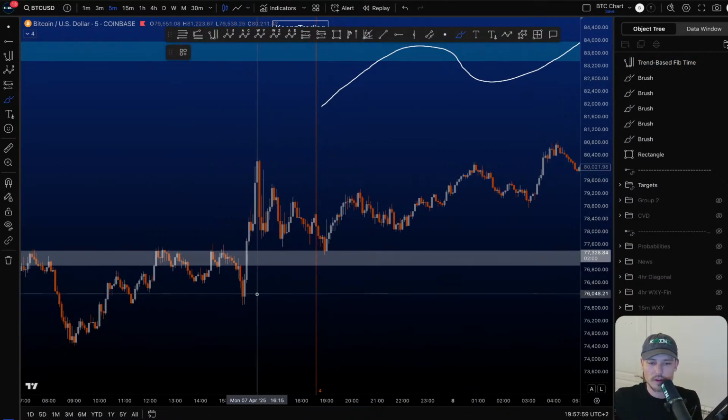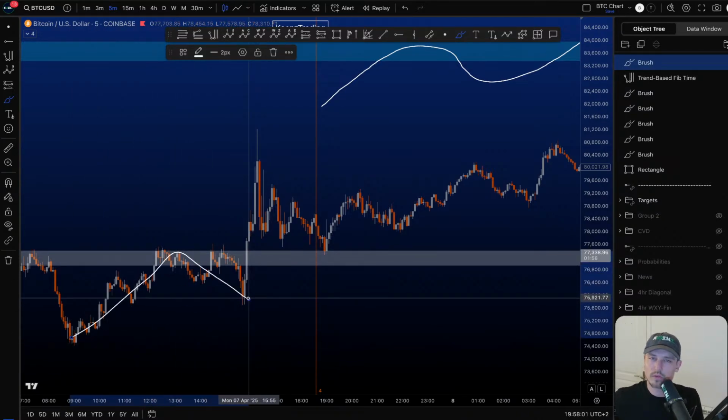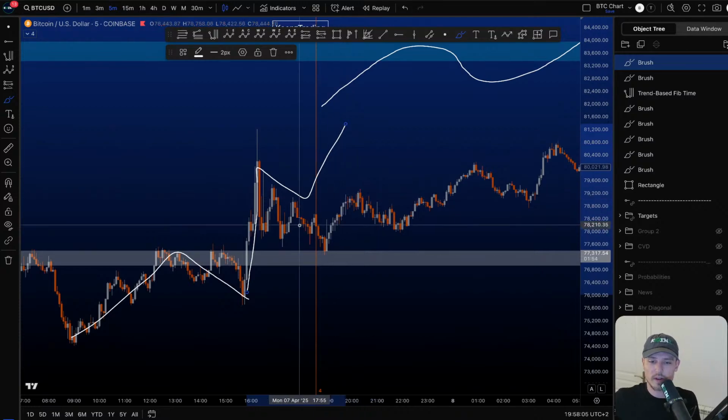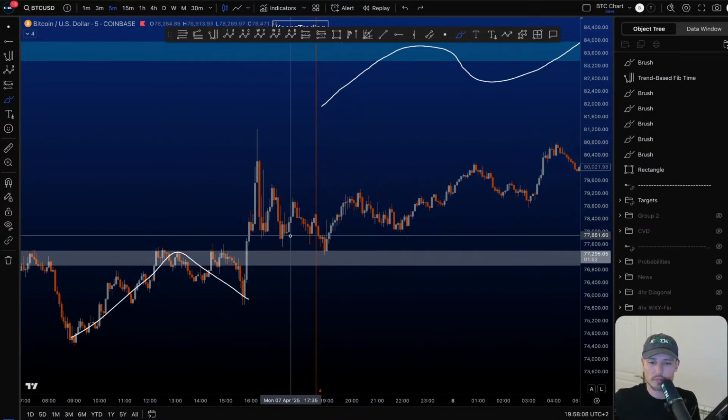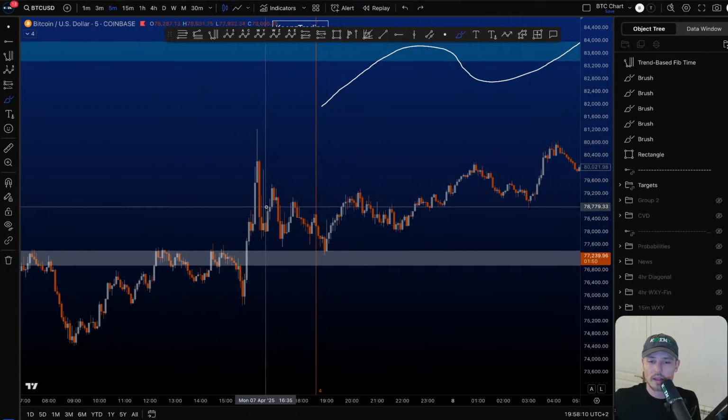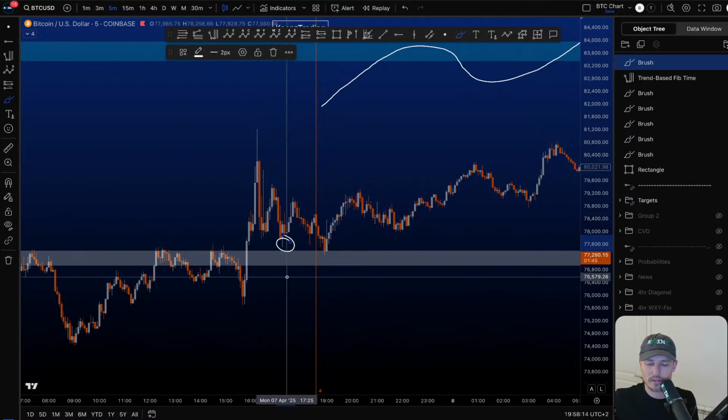So on the 5 minute, if this is a 1, 2, that can work. And then you need a 3, 4, and a 5. Okay, cool, 4 didn't work, overlap. Can we get a double 1, 2? Well, for a double 1, 2, preferably price does not take out this low. Why? Because of time.